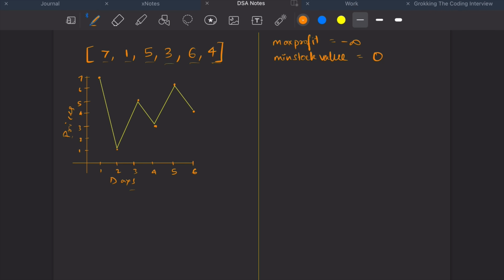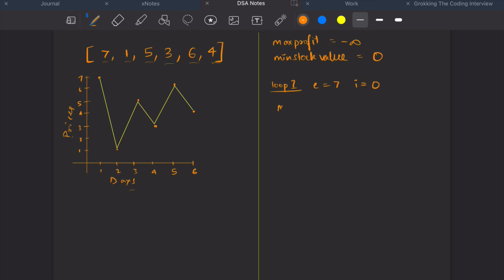We've not parsed through, we've not seen any stock values, and we just set it to 0 initially. Going through all of these elements, in loop 1, element is equal to 7, index is equal to 0, we need to get the max profit.